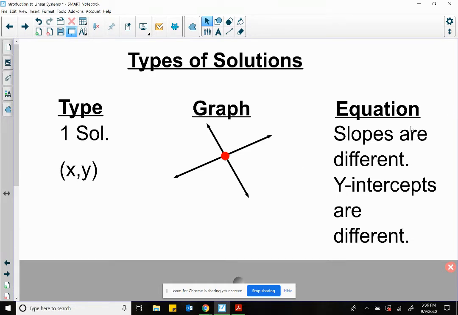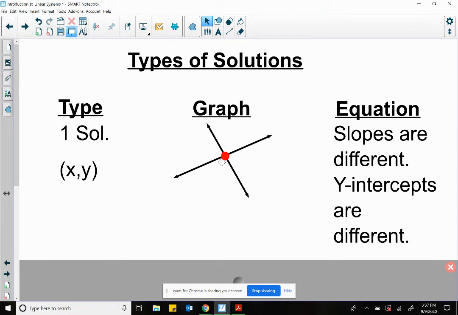If you're looking at the equations, if they're in slope-intercept, they will have different slopes and different y-intercepts. Okay? So if you have 2 equations, they will have different slopes and different y-intercepts when looking at them in slope-intercept. Okay? So one solution means that you have a point, parenthesis x comma y.